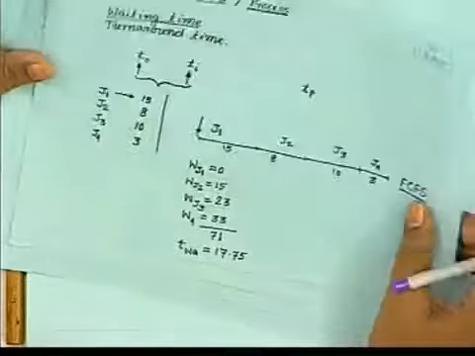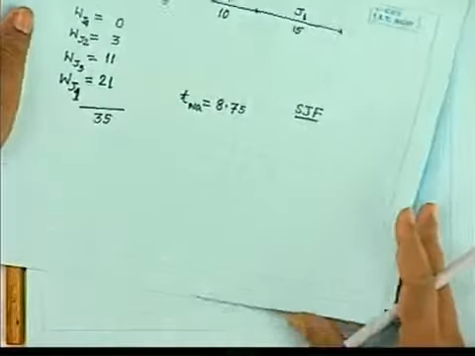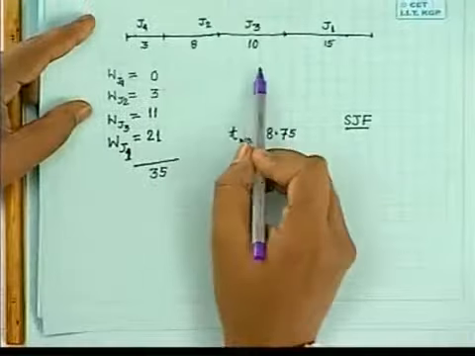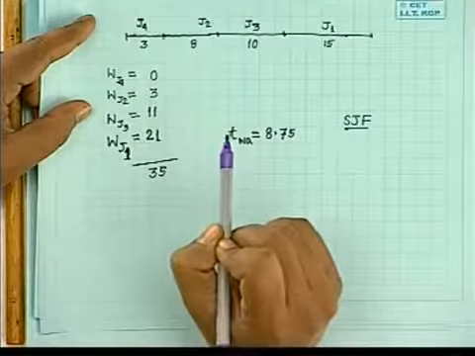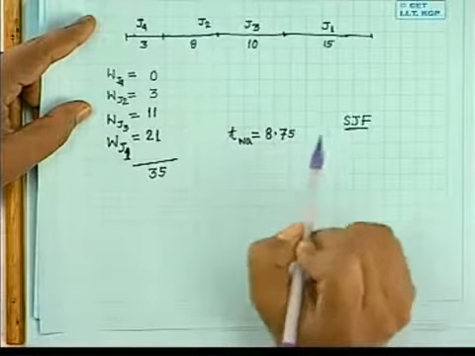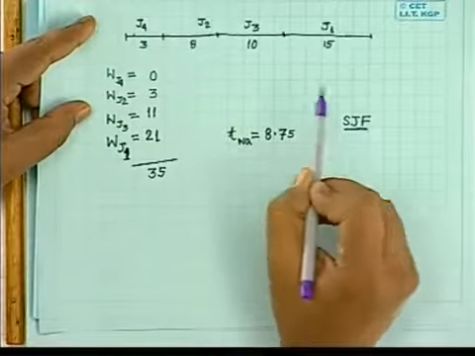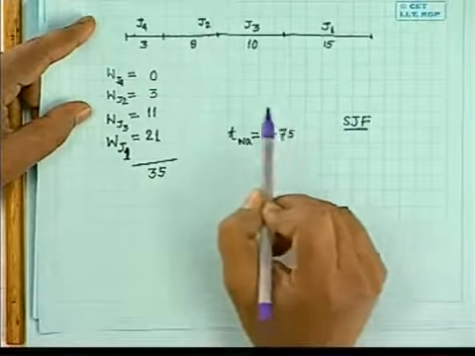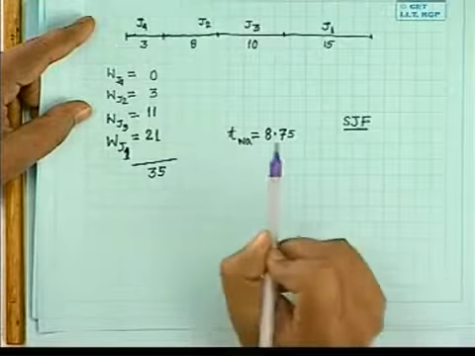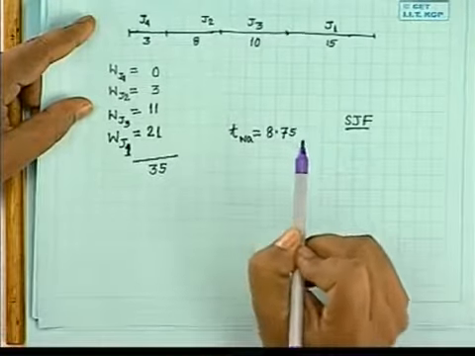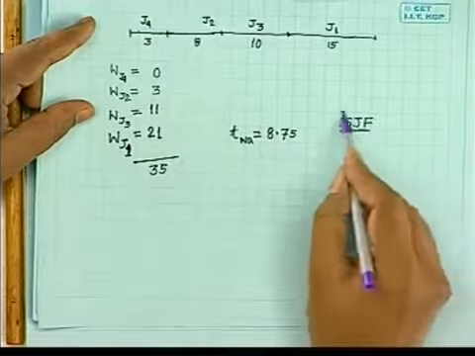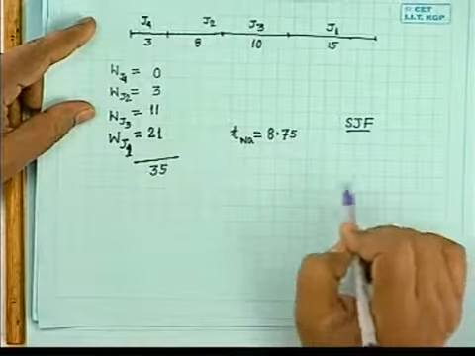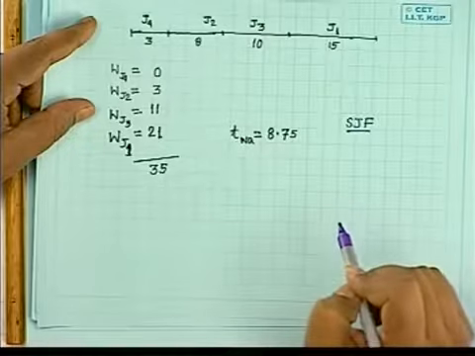But in case of shortest job first, that is SJF scheduling algorithm, because we are executing that job first for which the next CPU burst time is minimum, and the job which takes maximum CPU burst time, that is to be executed last. So we must have some idea about what will be the next CPU burst duration. Only then we can perform this task, the scheduling using shortest job first.